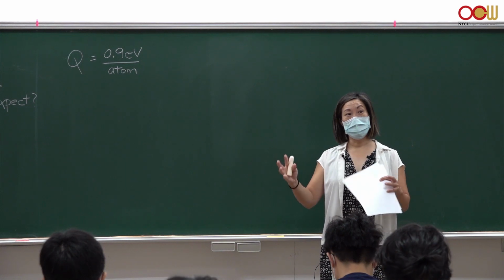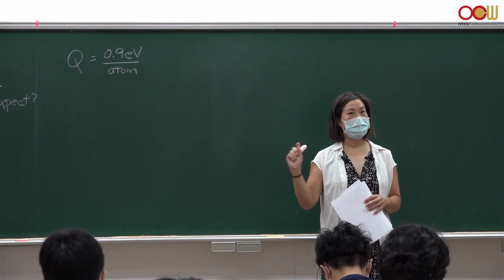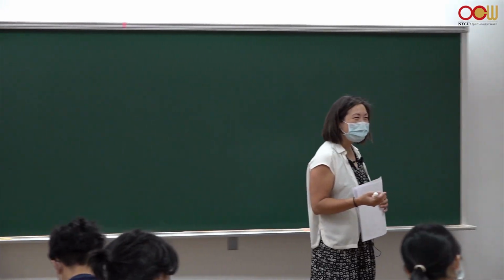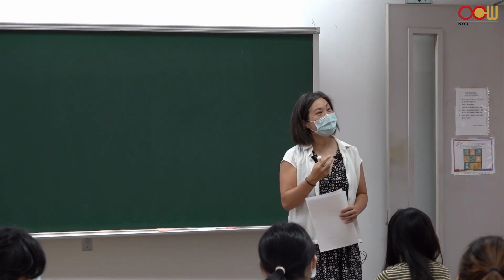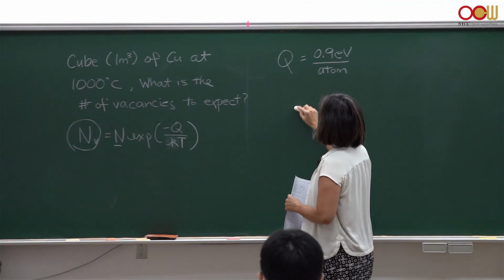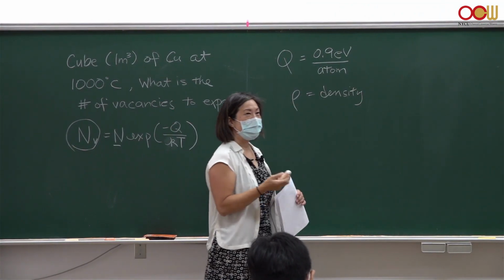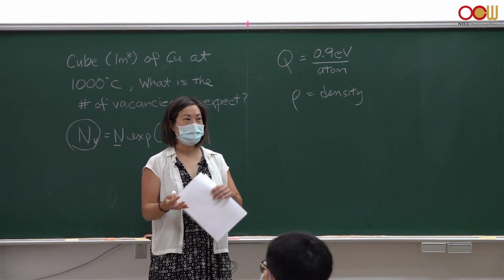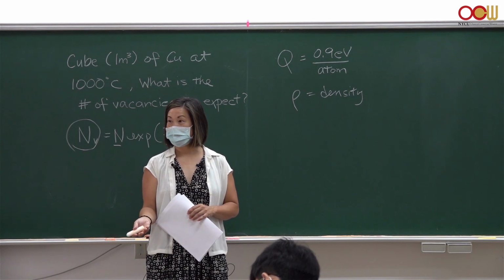So we have volume, and we need to know how many atoms are in this volume. What is it? We need to know the density. Very good. Yes. So if you know the density, then you would know how much weight per volume copper has, and then you could convert the weight to the number of sites, right?